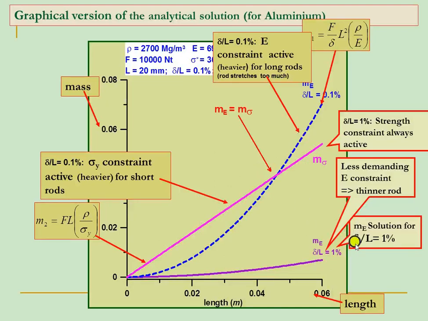But when you have a higher permissible deflection, the deflection constraint becomes inactive. The strength constraint always remains active with respect to the stiffness based constraint. I hope this is understandable and we can relate it well to what we have solved in our basic example.